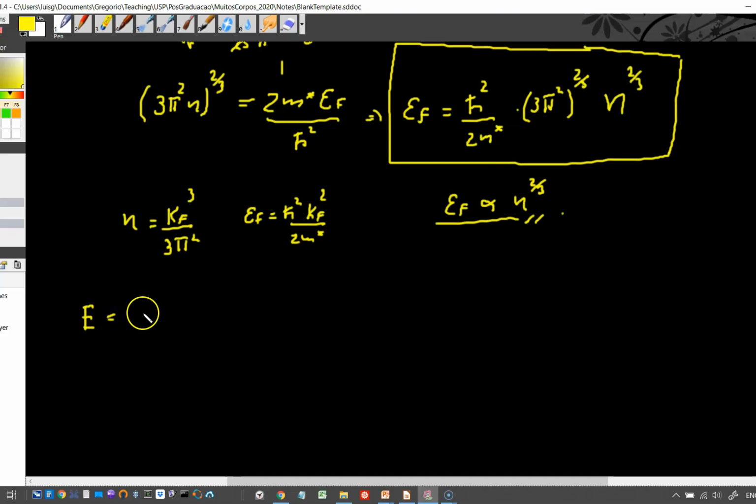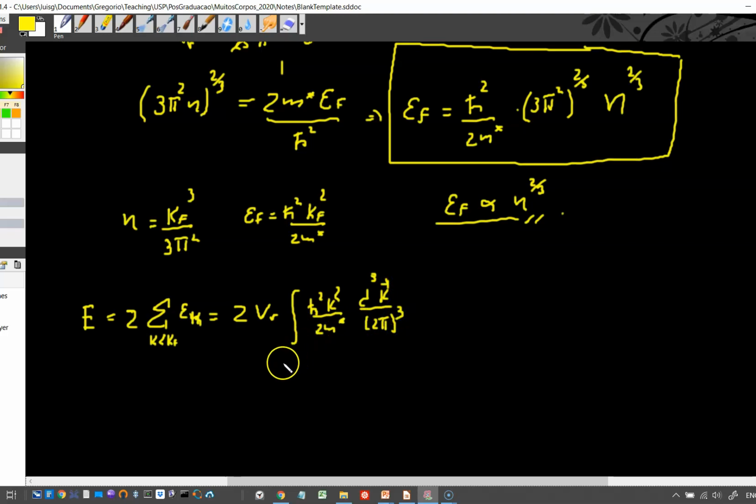E equals twice the sum over K less than Kf of Ek, and this is going to be 2 times the volume, an integral of the energy, which is h bar K squared over 2m star, d3k over 2 pi cube, right?